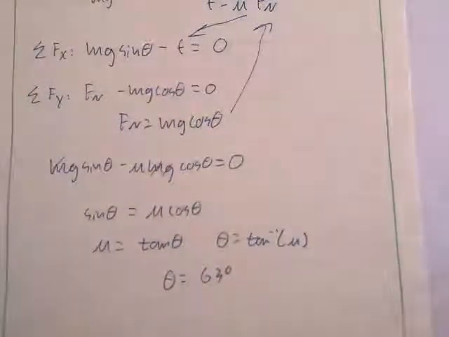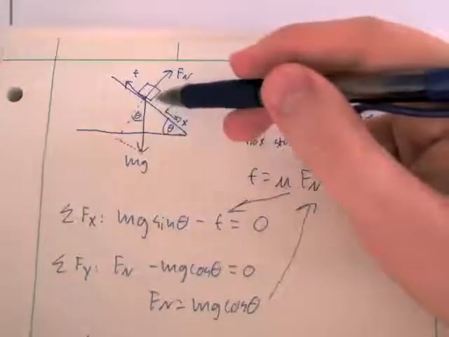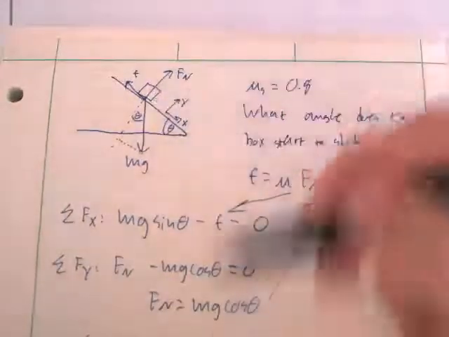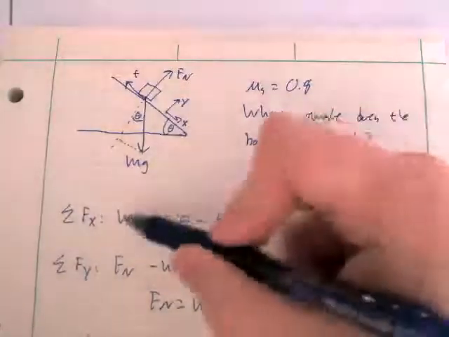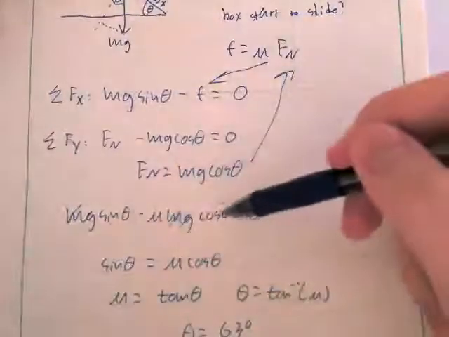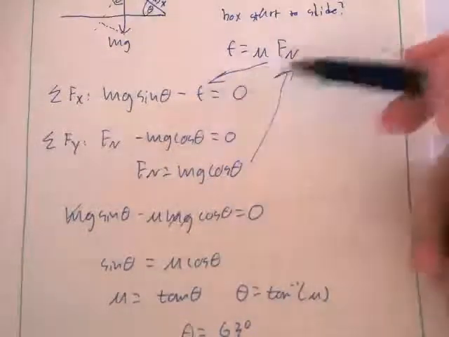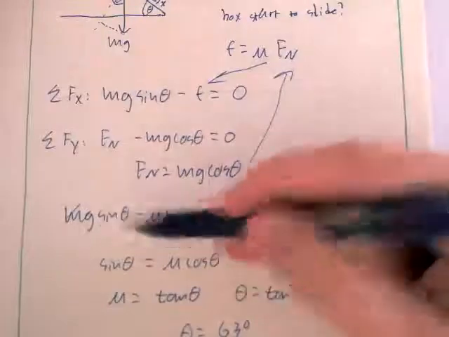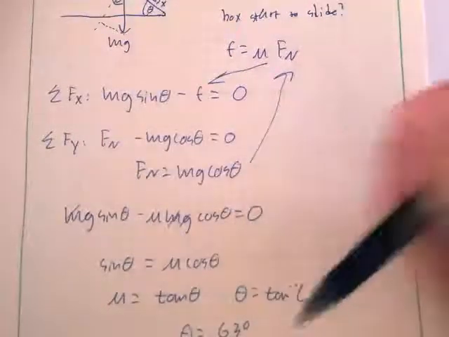So as I said before, the mass of the box doesn't matter. The planet that you're on, the acceleration due to gravity, actually also doesn't matter. Both the m and the g cancel out, right? When we plug in what we know has to be true for our force of friction, mu times the normal force, mg sine theta minus mu mg cosine theta equals 0, and you get this expression here.